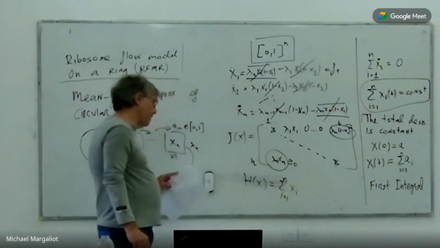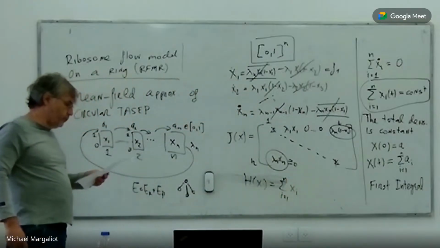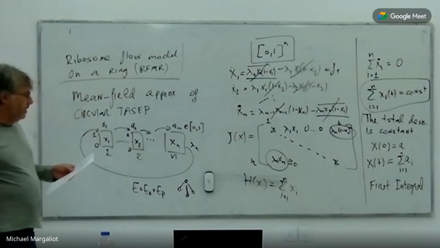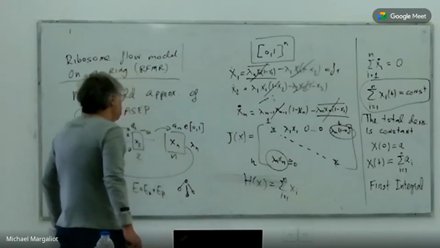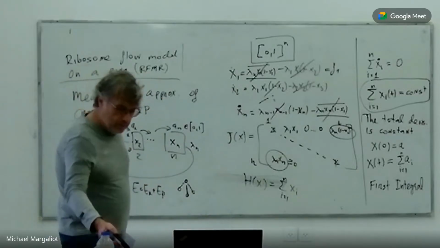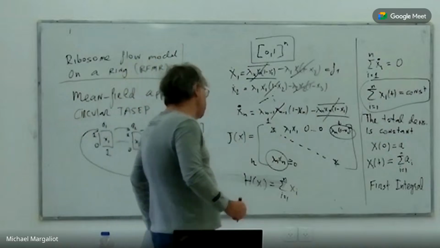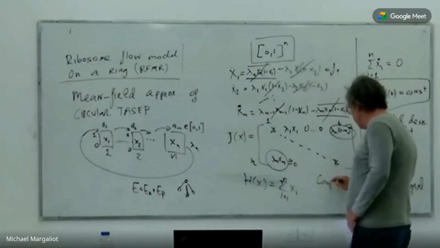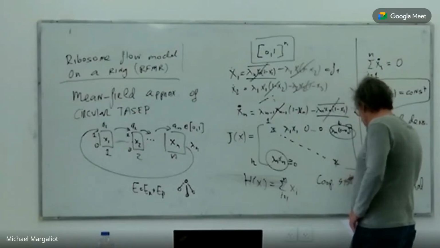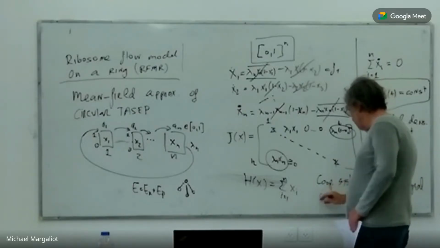This is the first integral of the motion, and this has important consequences on the dynamics. So first of all, what does this mean? We are in an important class of systems, cooperative systems that admit a first integral.